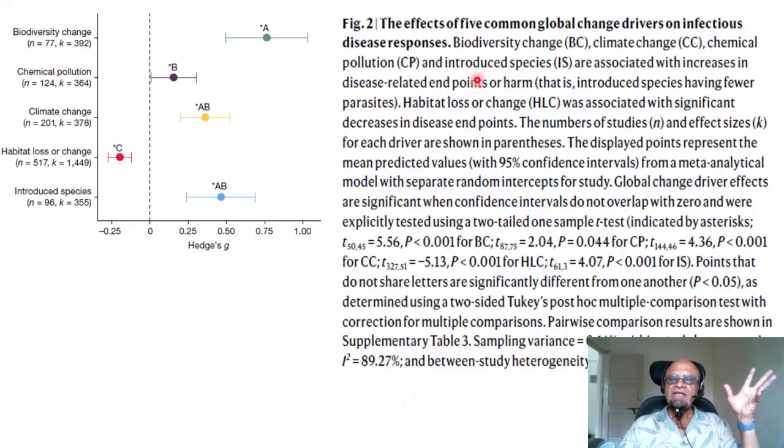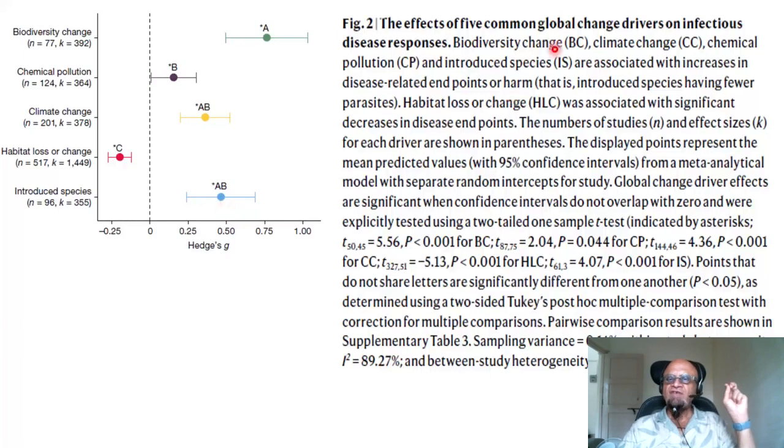For example, the effects of 5 common global change drivers on infectious diseases, biodiversity change. This is a statistical measure, and you can see it jumps out here. Chemical pollution, climate change, habitat loss, so is a negative coefficient here, and this is introduced species.